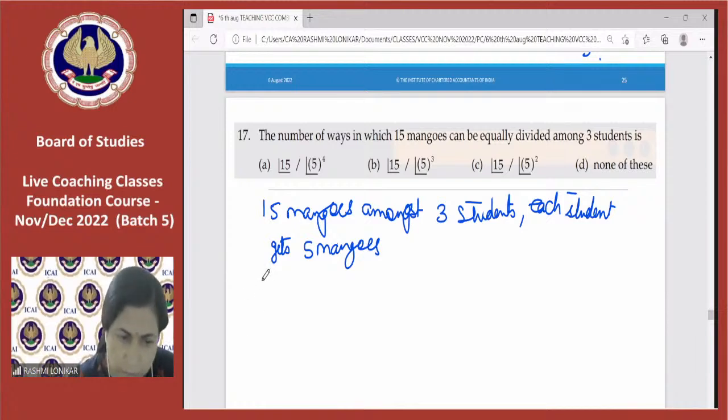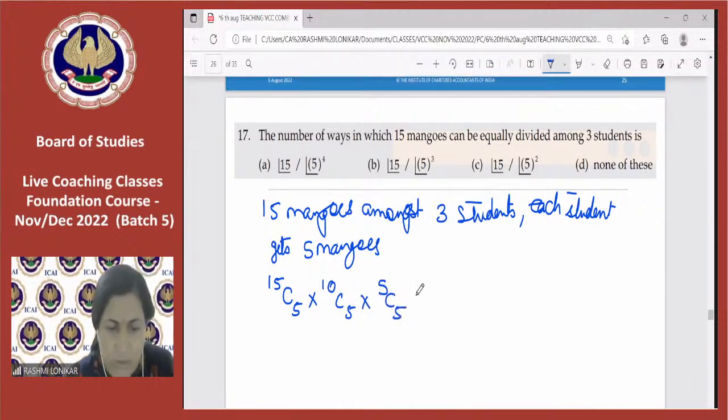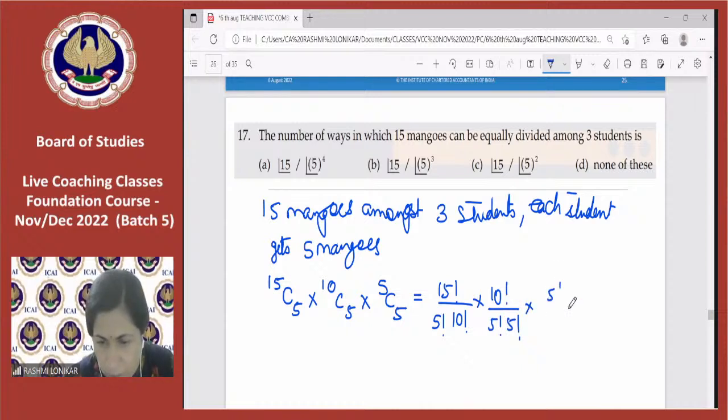So I will see that this gives me what? 15C5 into, I have finished with 5 mangoes. How many mangoes remain? 10. 10C5 into 5C5. How much is 15C5? 15 factorial upon 5 factorial into 10 factorial, into 10 factorial upon 5 factorial into 5 factorial, into 5 factorial upon 5 factorial into 0 factorial.